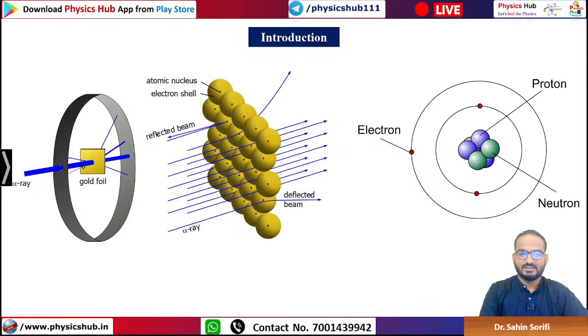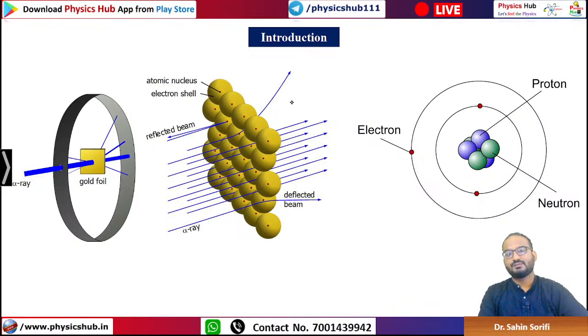When alpha rays were sent through the gold foil, he observed that most of the alpha rays went undeflected, only very few got reflected back, and a few were deflected by some angle.